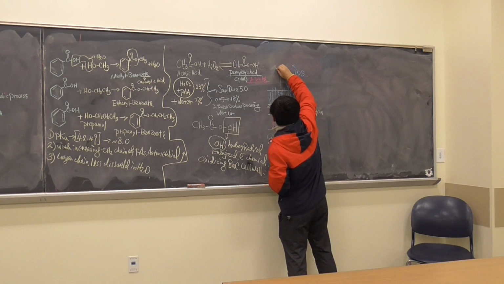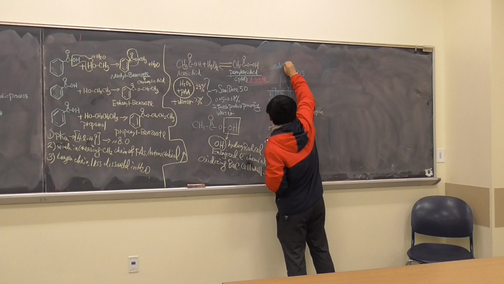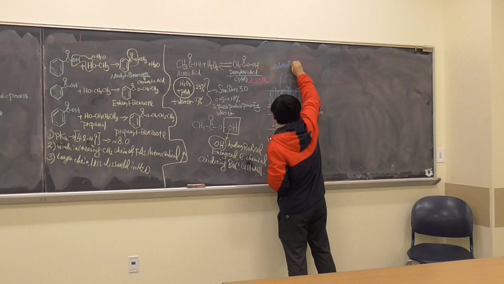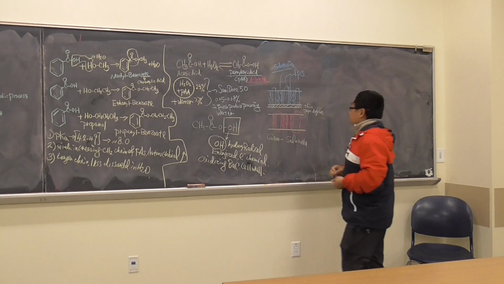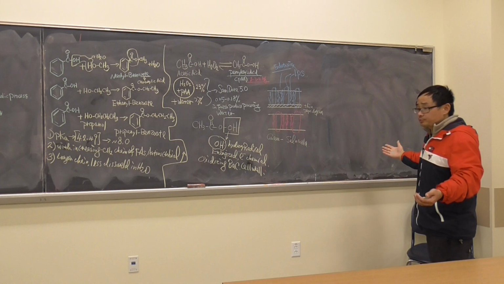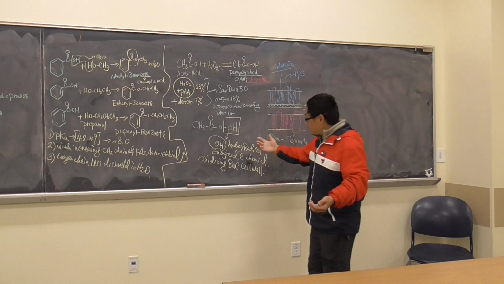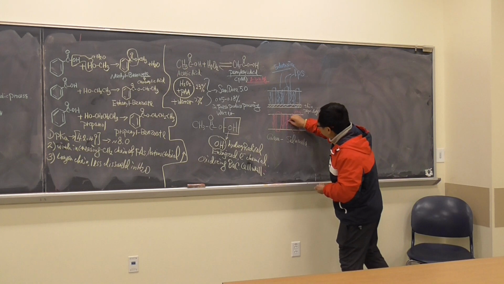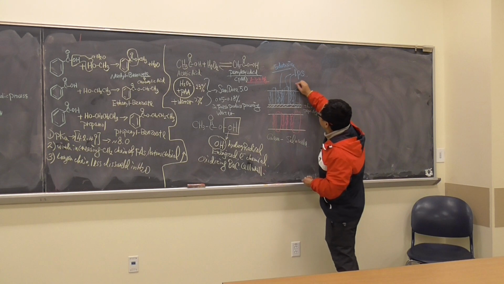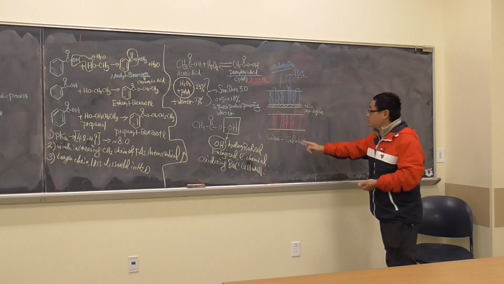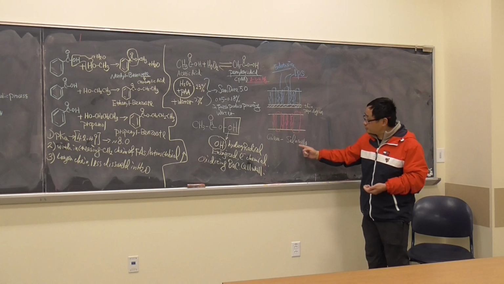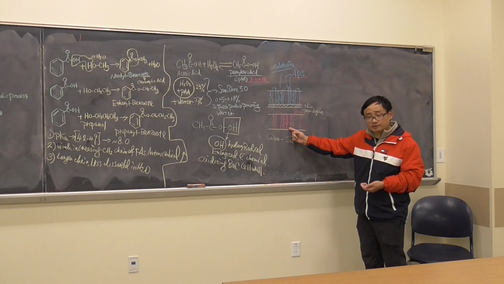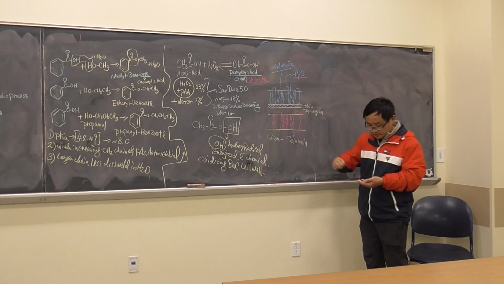LPS will generate endotoxin. That is why salmonella is a problem. So where are the places this hydroxy radical could attack? Obviously here, and also the LPS. So let's talk about the structure of this phospholipid.